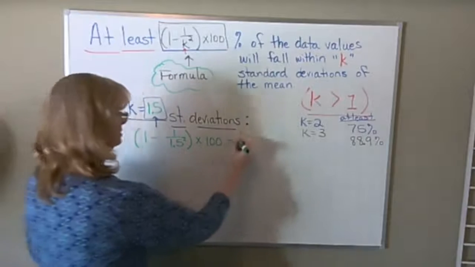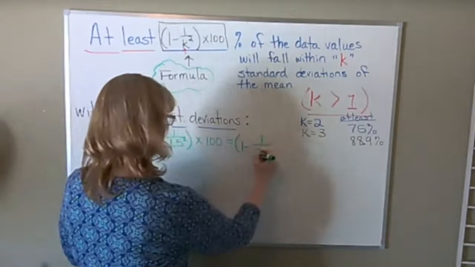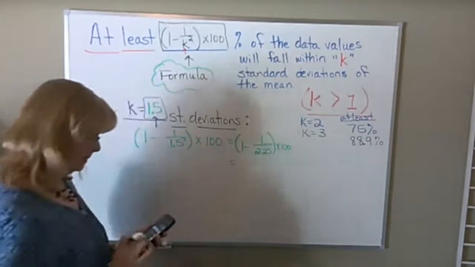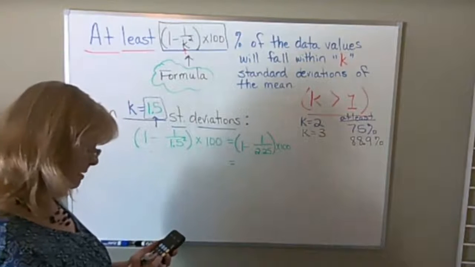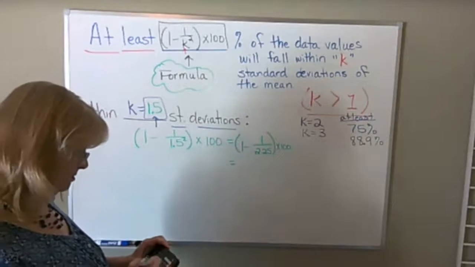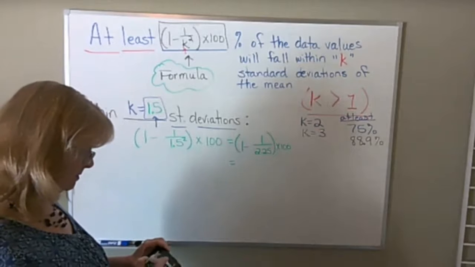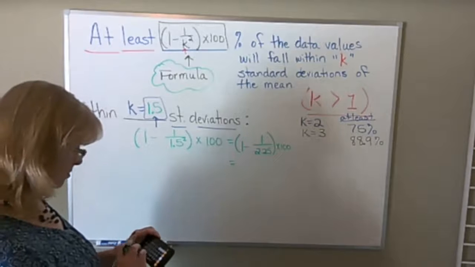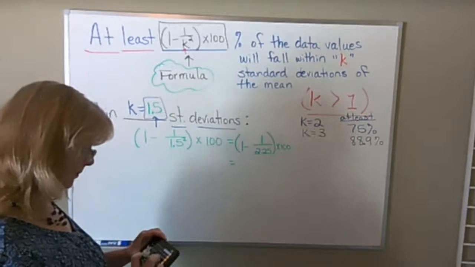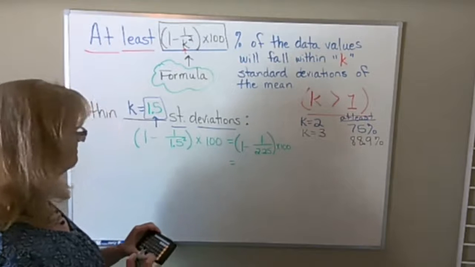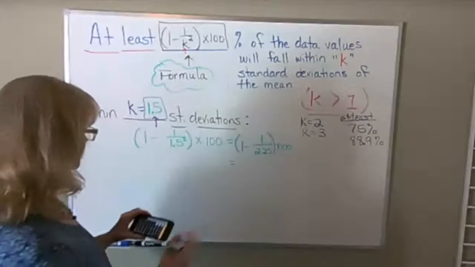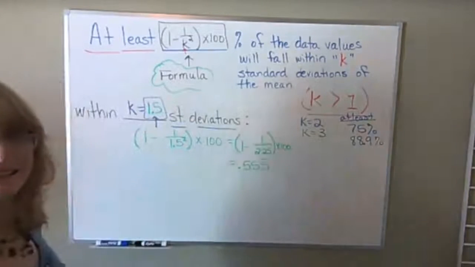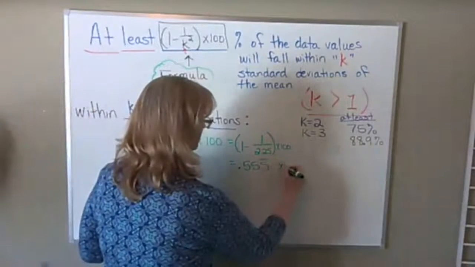So this would give me 1 minus 1 over 2.25. And then I'd have 1 minus, and I'm going to use parentheses. And I got 0.555 repeating. And then that's going to be multiplied by 100.